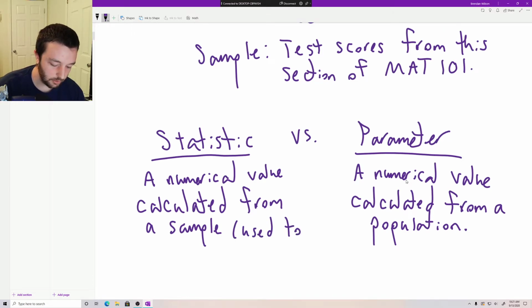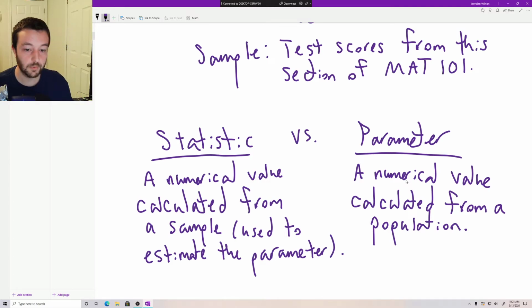And this is typically used to estimate the parameter. So normally when we're talking about this stuff, we talk about statistics because we're talking about, okay, the percent of people whose favorite color is blue.